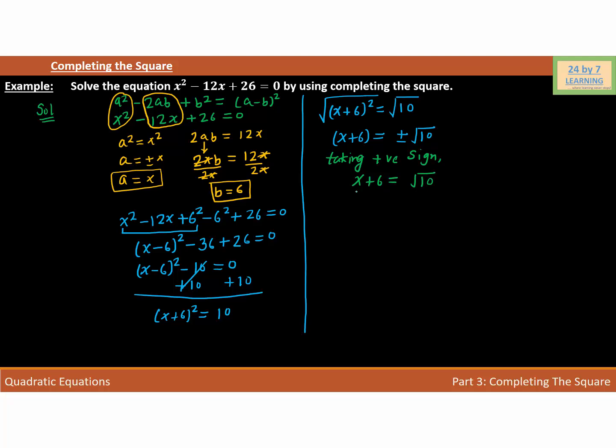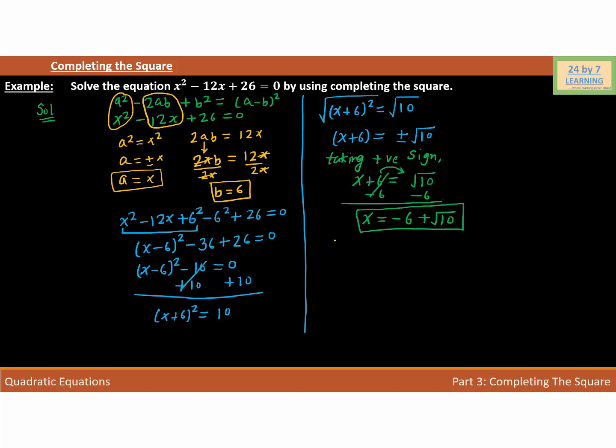Now I need to find the value of x, so I need to get rid of this 6. The only way I can get rid of this 6 is to take it to the other side by adding 6 to both sides. Then the 6 will be cancelled out, and I have x is equal to 6 plus square root of 10. And this is my first value of x for the quadratic equation.